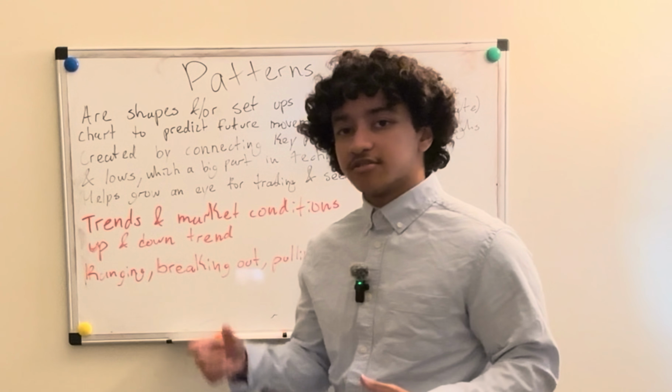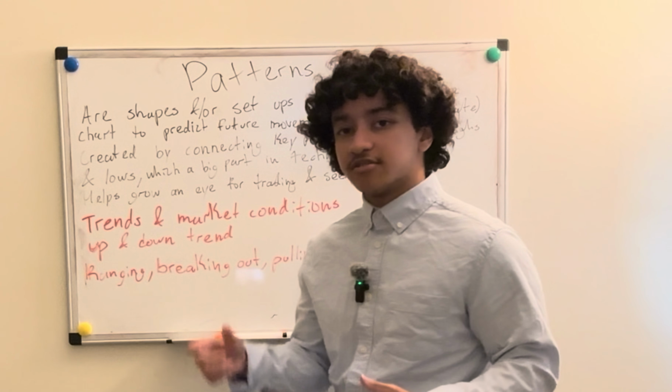You can see this low, this higher low, and this relatively equal low again, and then a lower low. You can see it form like a head and shoulders, like a person. Let's try to draw that a little bit better. There we go. You can see the shoulders and the head. If you see this pattern, what's most likely going to happen is the stock is just going to drop right there. That is one pattern.